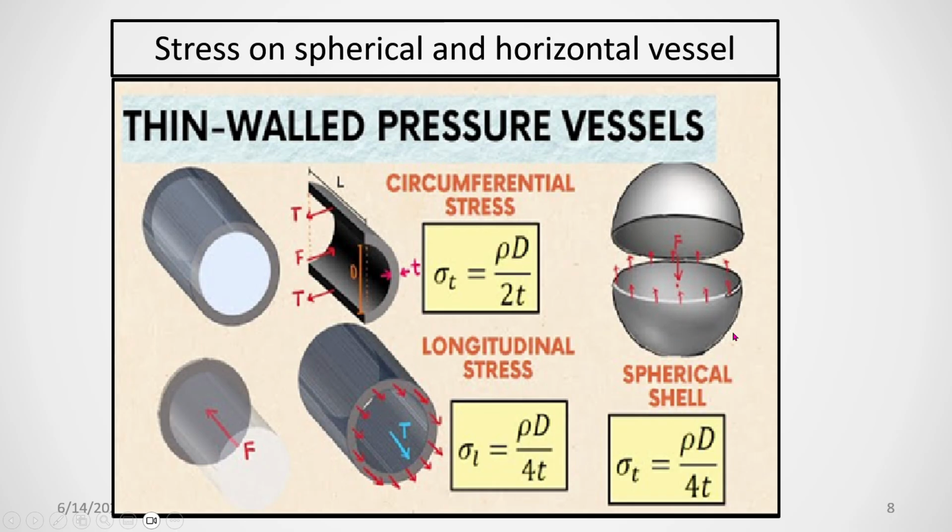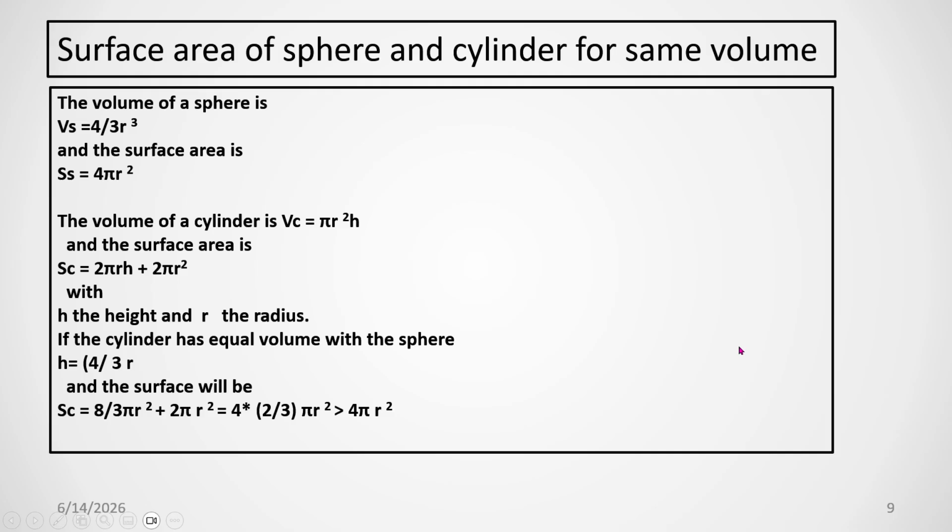Then the surface area, I have also told you, is the minimum. Suppose the volume of a sphere is 4/3 pi r cube. Pi was missing by mistake. Pi r cube, and the surface area of the sphere will be 4 pi r square. Similarly, suppose you are comparing it with the cylinder. Cylinder volume is equal to pi r square h. Cylinder surface area is twice pi r h for the cylindrical portion, plus both end covers, that is pi r square each.